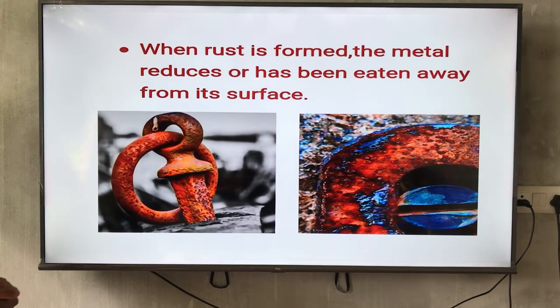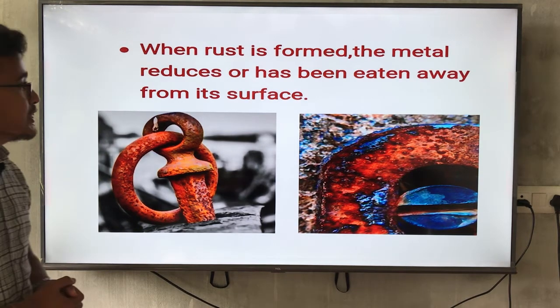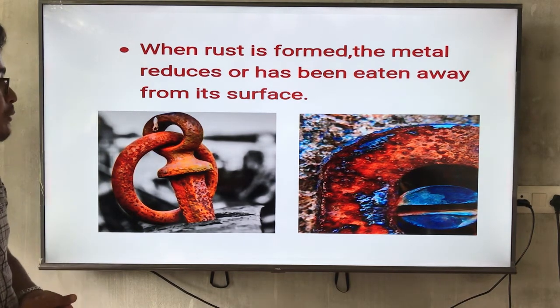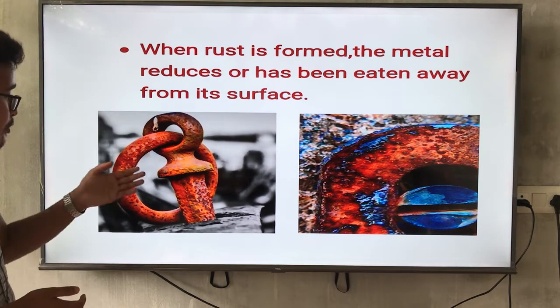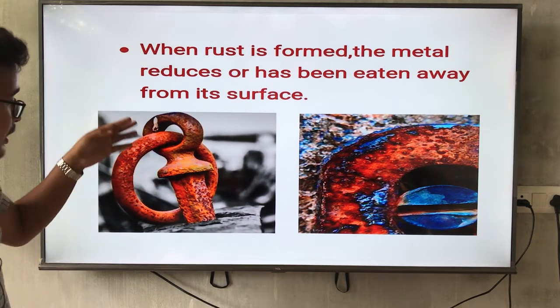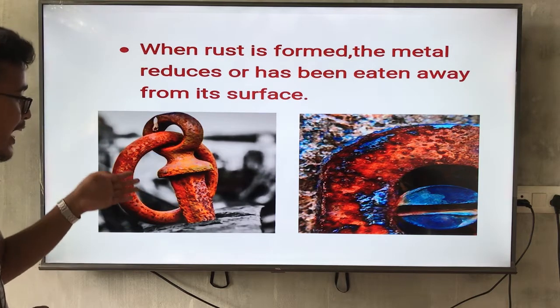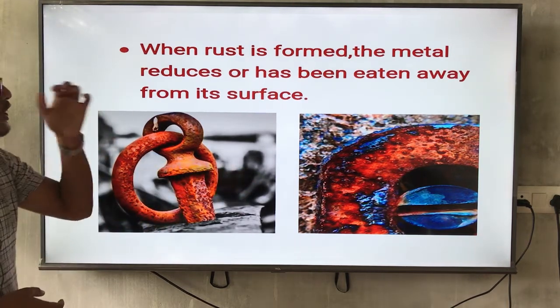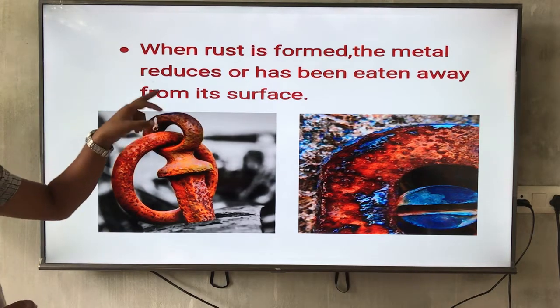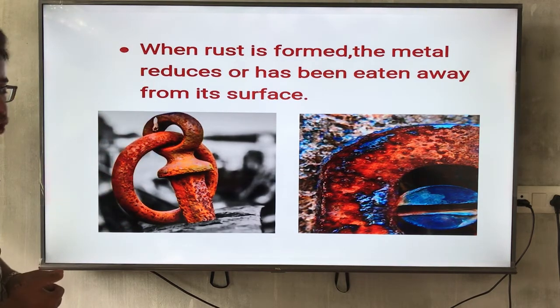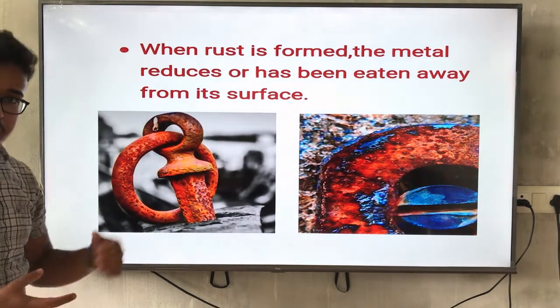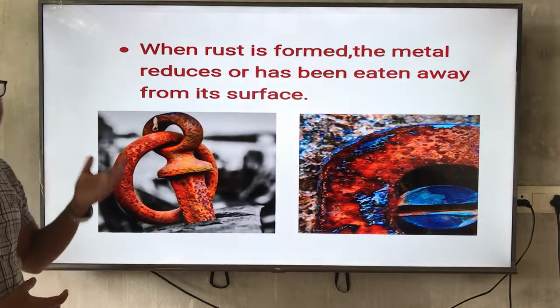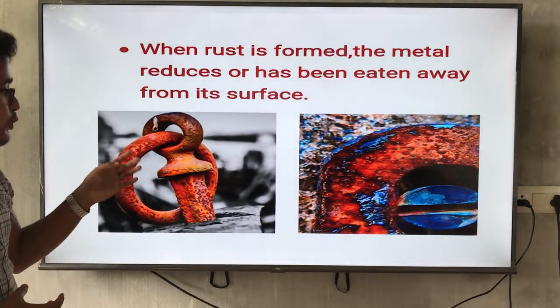Here you can see that when rust is formed, the metal reduces or is eaten away from its surface. Now you can see the figure here. This iron is eaten away by the rust. When rust is formed on the surface of metal, that rust will destroy the metal.